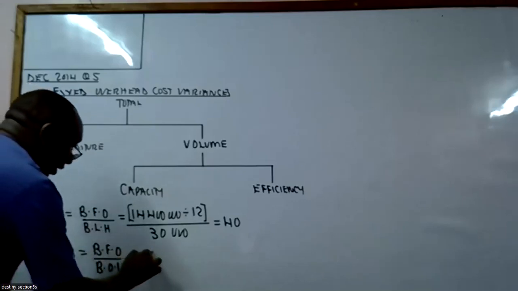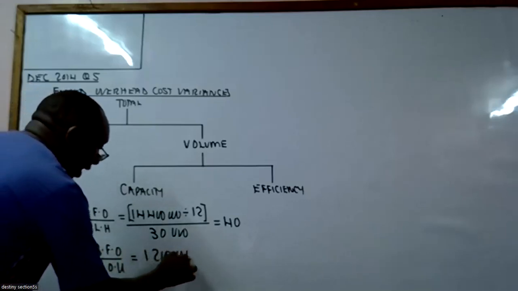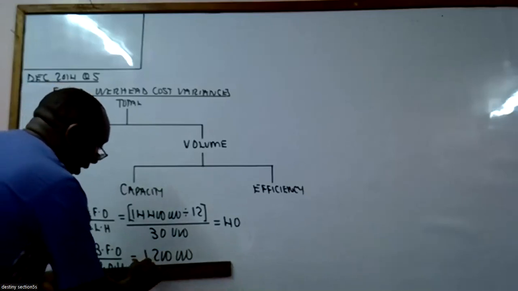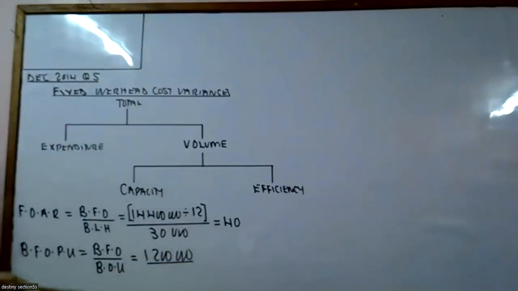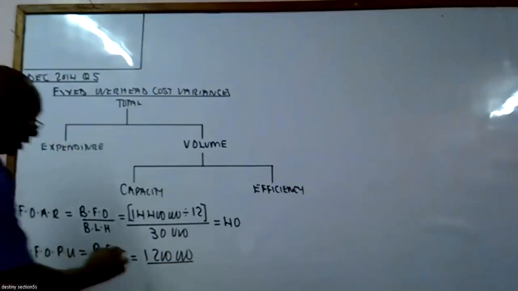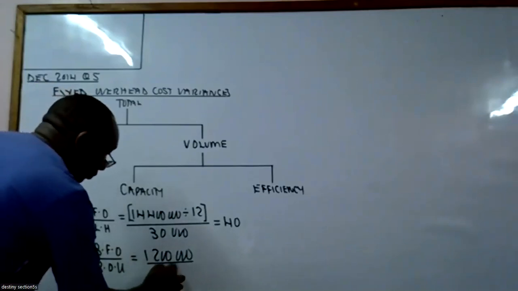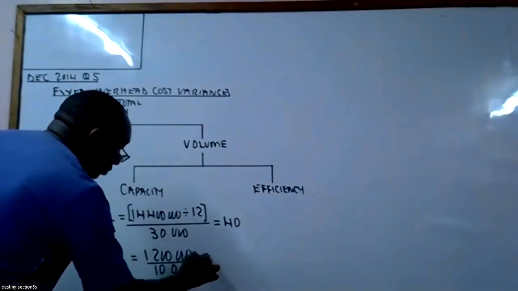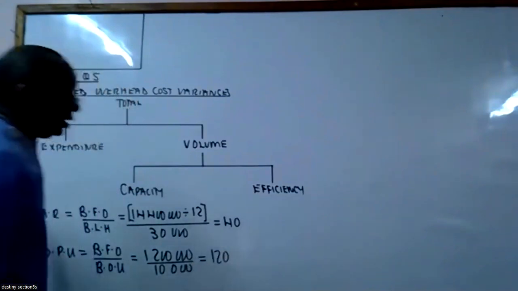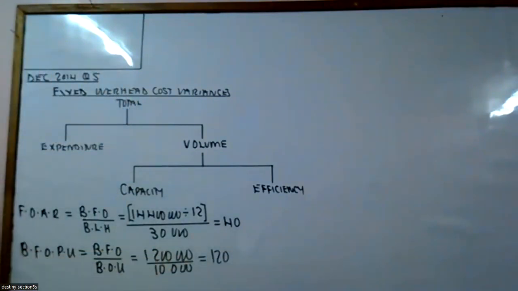And you can see this is 1,200,000. And the output, this budget was for 10,000 units. So this gives you 120.